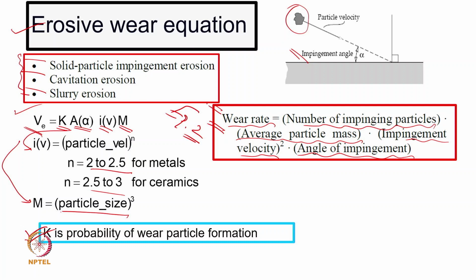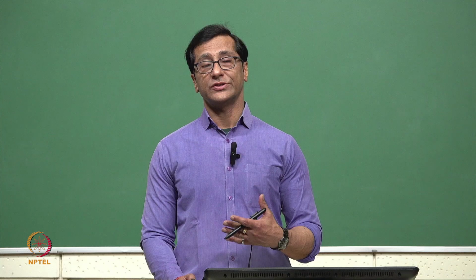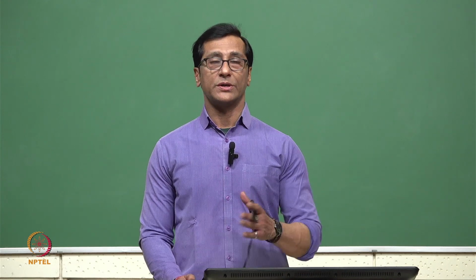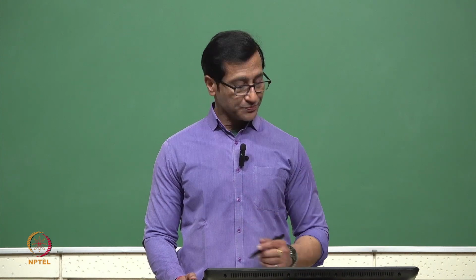This will decide the wear rate. Now they have written it directly equal to, but in reality it will be multiplied with some constant. So there are many relations in literature, and they are fine for some situations, but not for all situations.